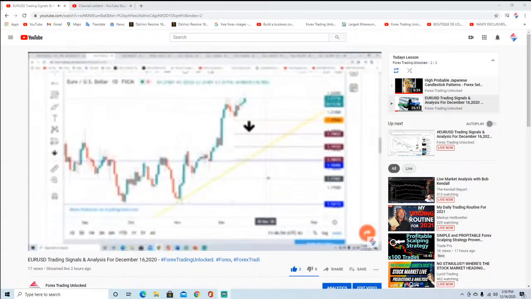Critical support would be right around this $1.1847 to 40 support band right here.